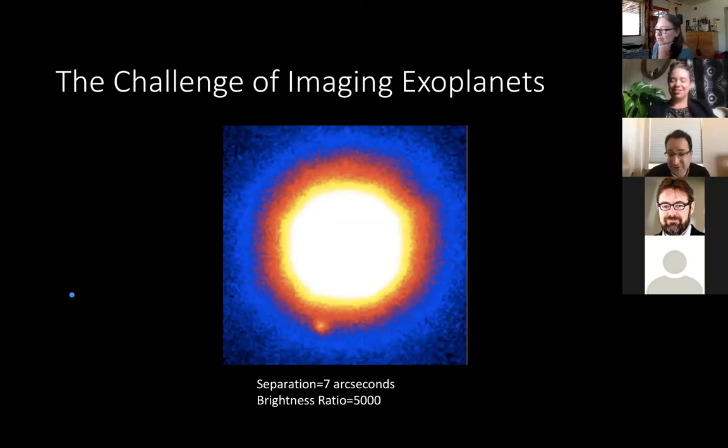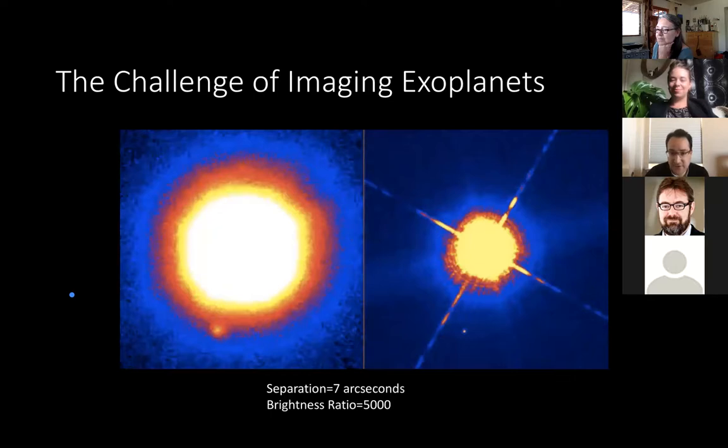What we have to do is concentrate the light more. And so the image on the left is from a ground-based telescope, and the image on the right is from the Hubble Space Telescope. And one of the things that makes the Hubble Space Telescope so special is that it's above the Earth's atmosphere, and it takes really, really sharp images.